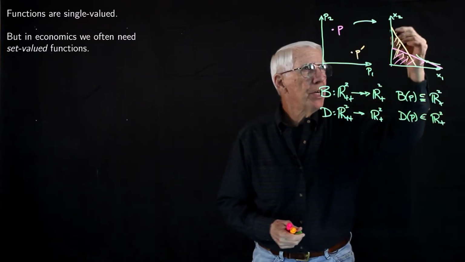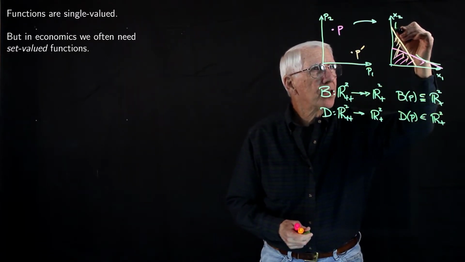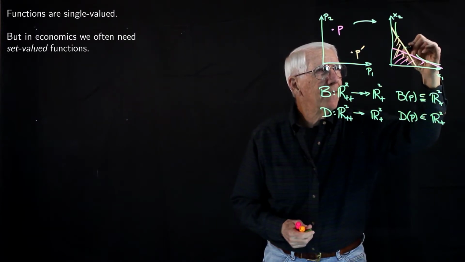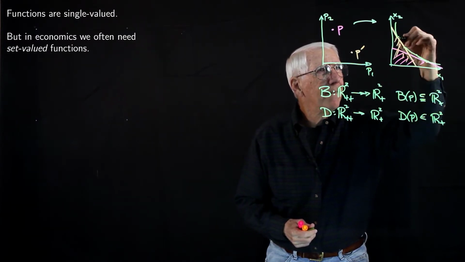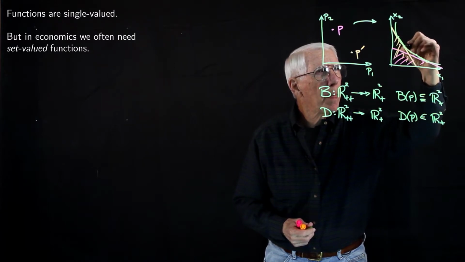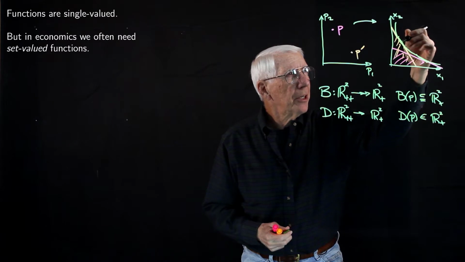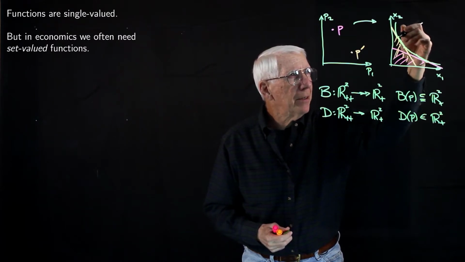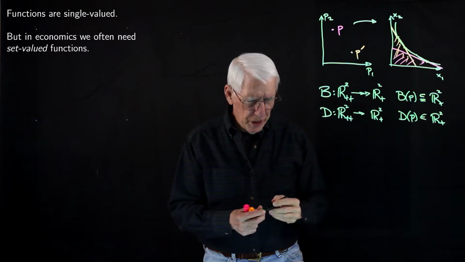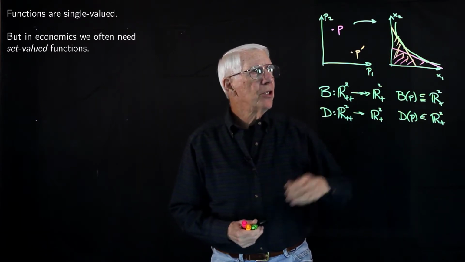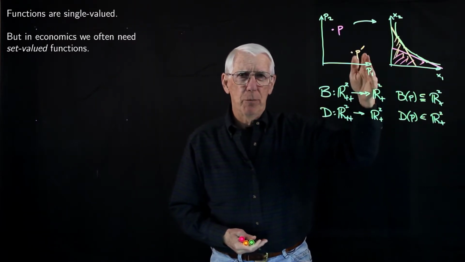But let's suppose the consumer's indifference curve actually looks like this. So along this line segment here on the budget constraint, right in here, the consumer is indifferent between all the different bundles on that line segment. So the consumer might pick any one of those bundles.